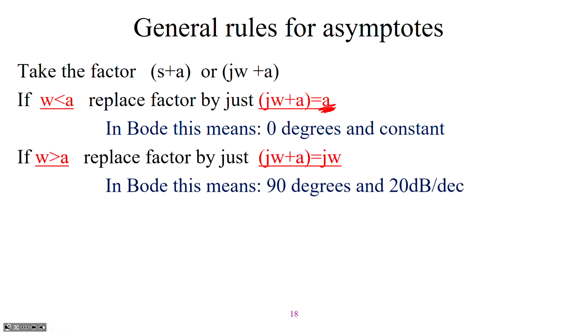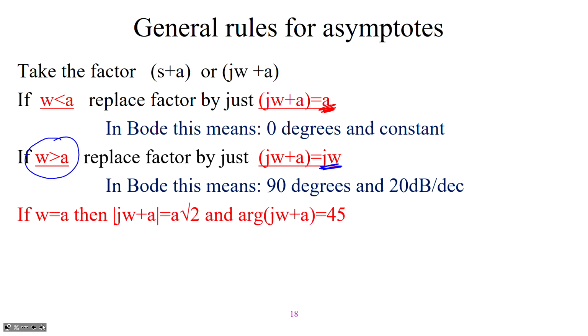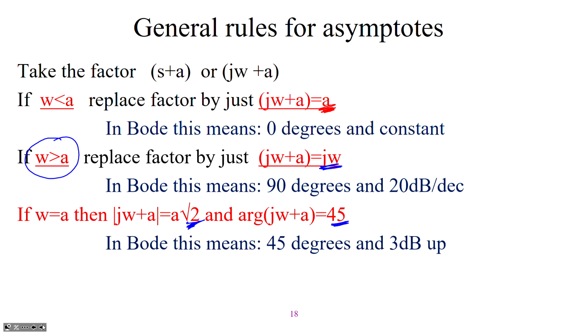If omega is bigger than a, so large frequencies, then we assume that j omega plus a is just j omega, so we get 90 degrees for the phase and 20 decibels per decade for the gain. And at the corner frequency itself, we get some corrections. We get a root-2 correction to the gain and a 45-degree correction to the phase.